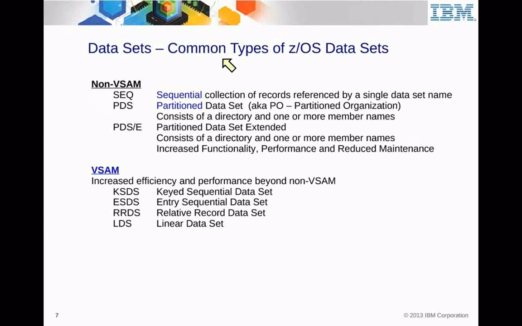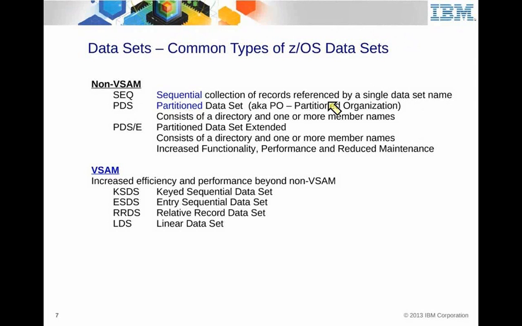Anything that works now will work in the future. The different data access methods that we had were considered non-VSAM. The types of non-VSAM data sets are sequential. What sequential means is it's really truly like a file. You have a name, and if you view that name or edit that name, you have the data.